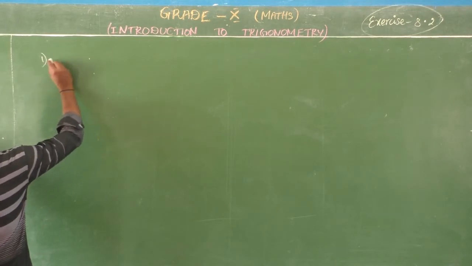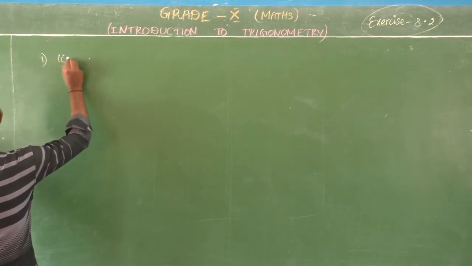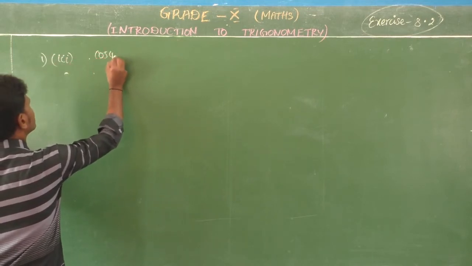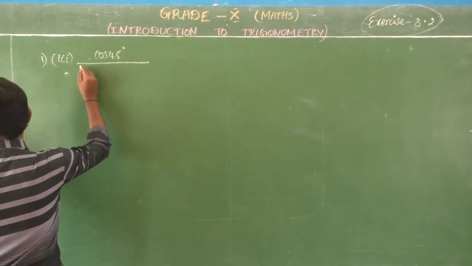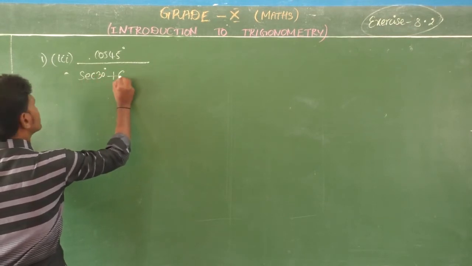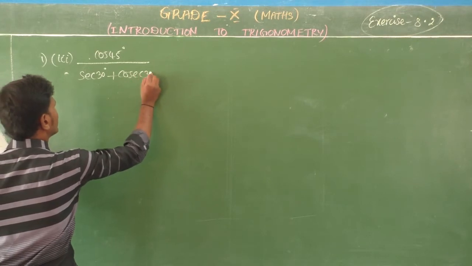Exercise 8.2, the third question I am going to give you now. The third question is cos 45 degree, the whole divided by secant 30 degree plus cosecant 30 degree.